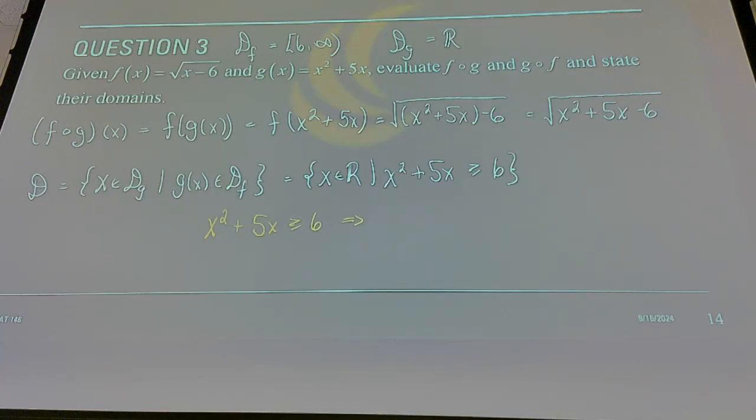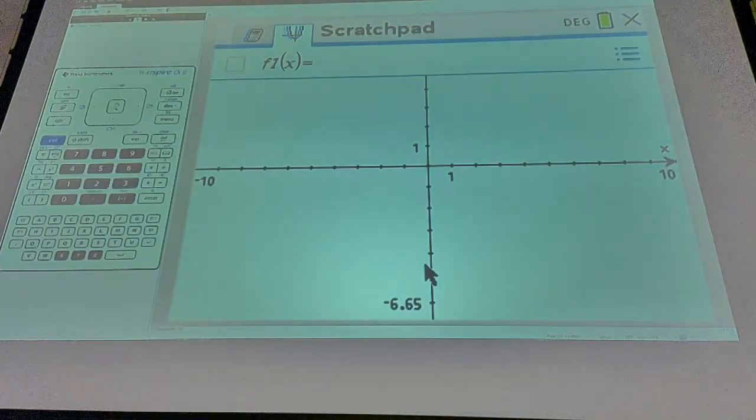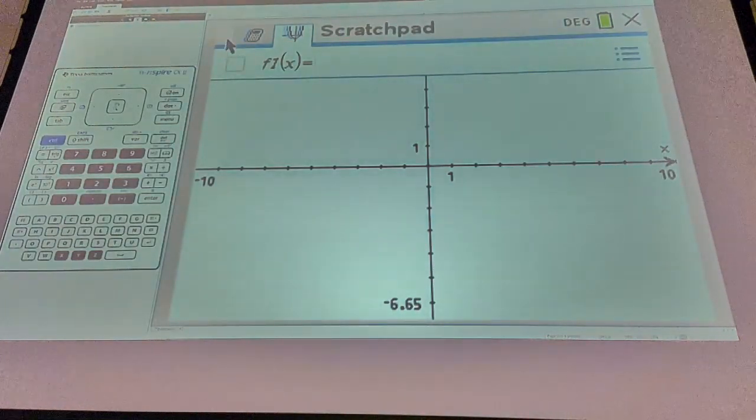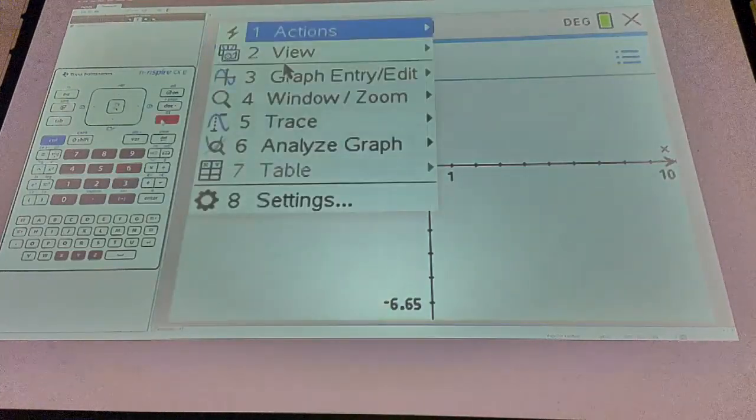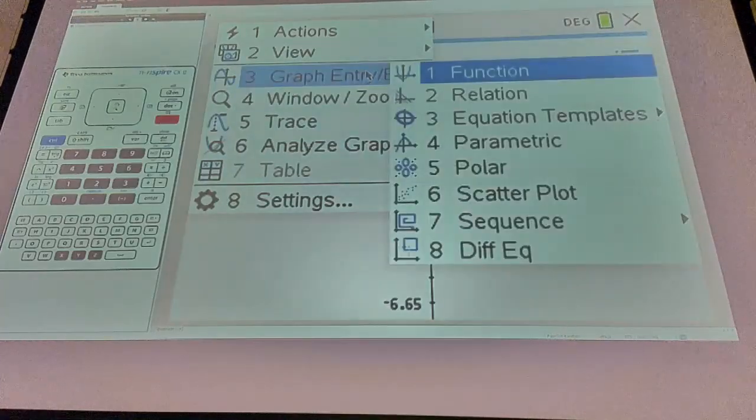That is true. So x squared plus 5x minus 6.